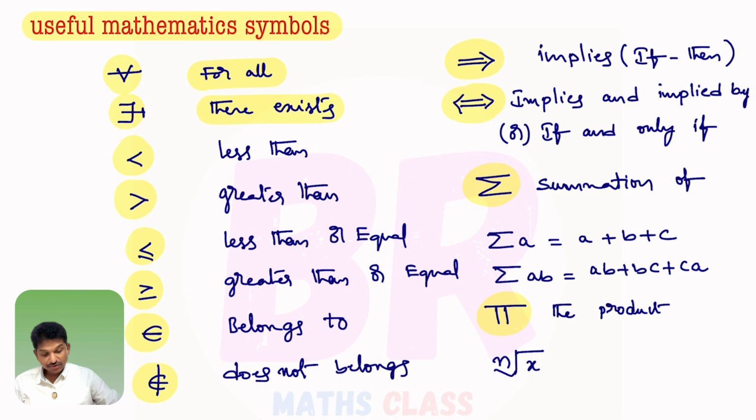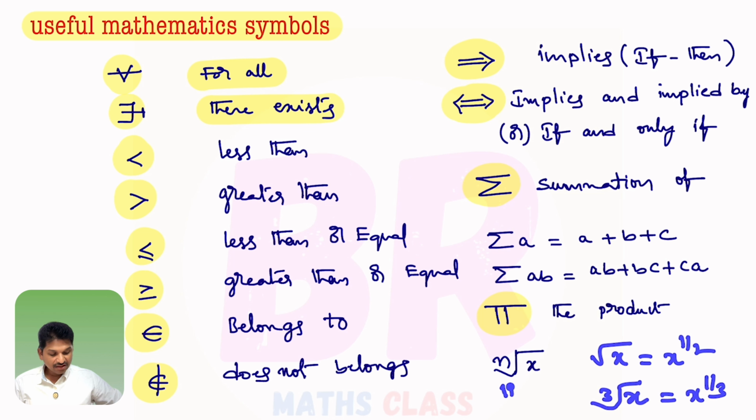Square root of x is x power 1 by 2. Cube root of x is x power 1 by 3. Nth root of x is x power 1 by n.